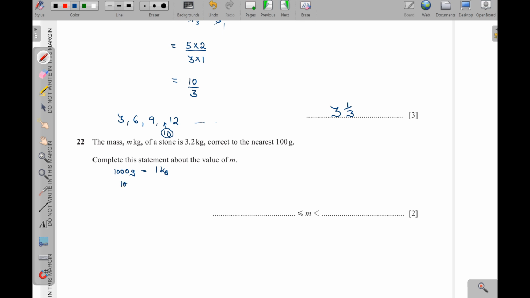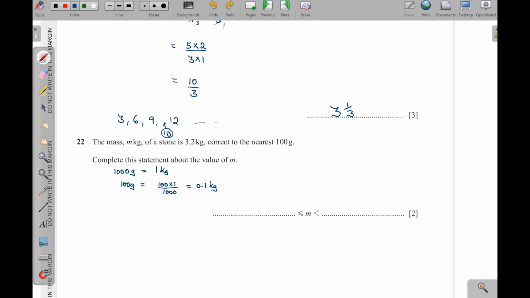So that means 100 grams would be equal to 100, then times 1, then out of 1,000. These two zeros will go with these, and then you have 1 over 10, which is 0.1. So 0.1 kilograms. So it is rounded to the nearest 0.1 kilogram. Okay, that is the decimal place. You are seeing one decimal place.